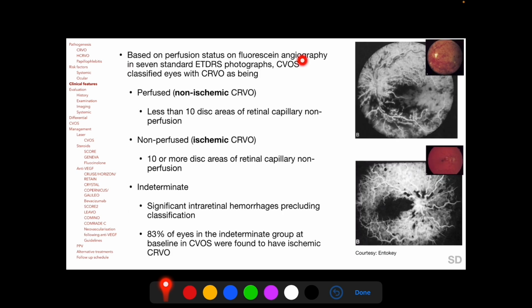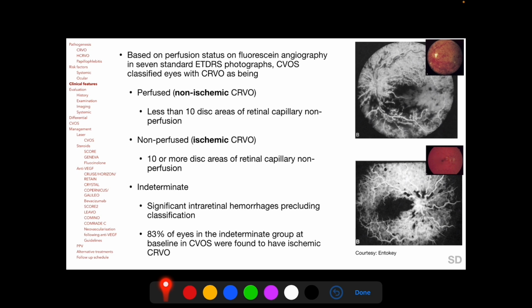The central vein occlusion study, which we will be discussing further, classified CRVO based on perfusion status on fluorescein angiography in 7 standard ETDRS photographs. Perfused or non-ischemic CRVO has less than 10 disc areas of retinal capillary non-perfusion, as seen here in this angiogram. This is blocked fluorescence corresponding to the hemorrhage clinically visible here.